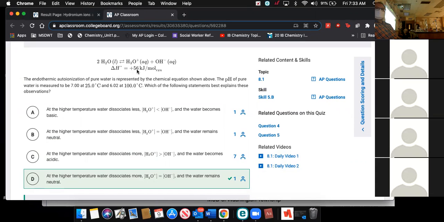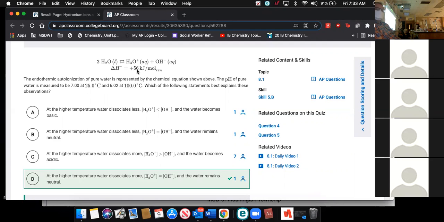It is endothermic because the delta H is positive. So what does that mean? If we increase the temperature, what are we going to favor? Products or reactants? Products, and the products are the hydronium and the hydroxide ion concentration.